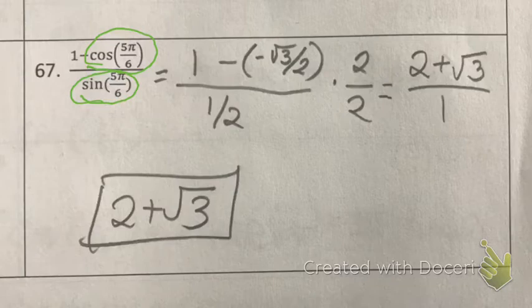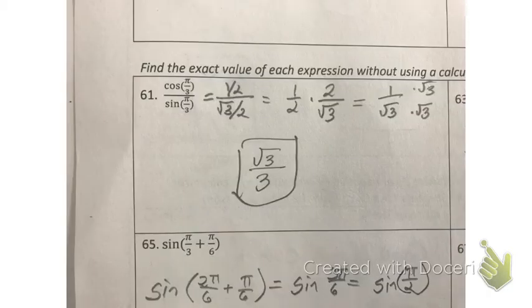Does that make sense? Okay. Other questions? Yeah. 61. We're circling this one. I got 1 over square root of 3. Yes, so did I. I did, but then I put it in proper form. So I did have 1 over square root of 3 here, but you can't have a square root in the denominator, which means you need to multiply the top and bottom by a square root of 3.